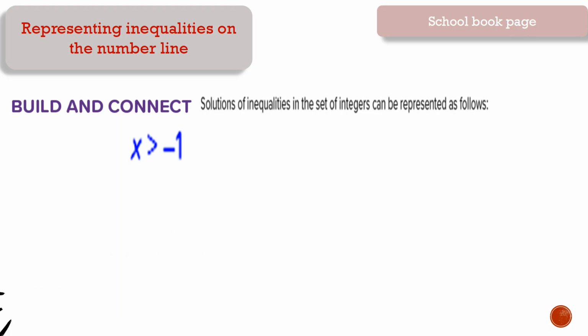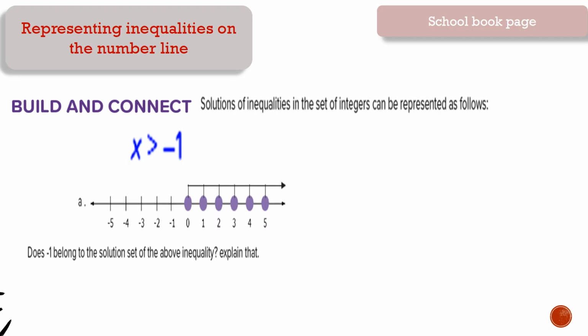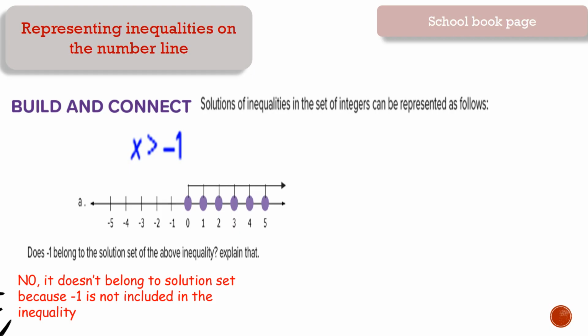So on the number line, we must represent any number to the right of -1, because numbers to the right of -1 are greater than -1. So the solution set includes 0, 1, 2, and any number greater. Now, does -1 belong to the solution set? Obviously no, because -1 is not included in the inequality.